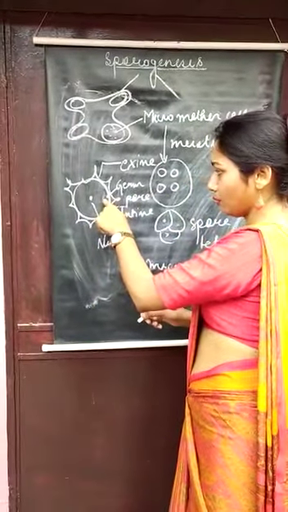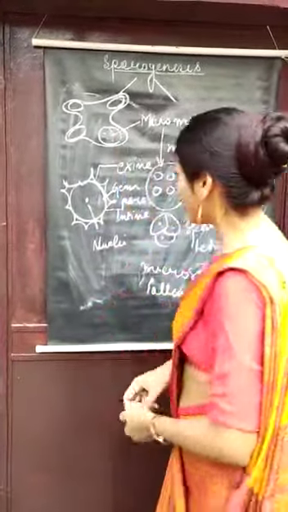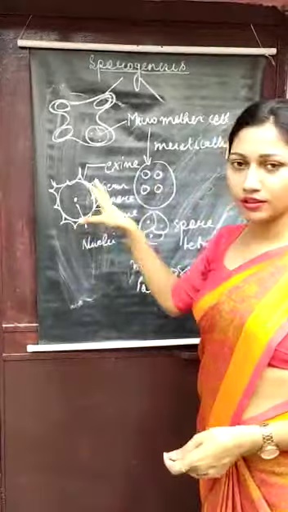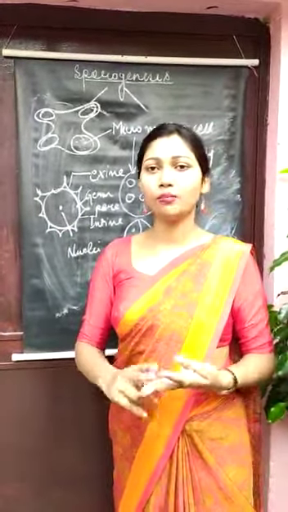Through this germ pore, the pollen tube arises. So here I have shown you the typical structure of the pollen grain. We can say the pollen grain has 2 layers, bilayer.